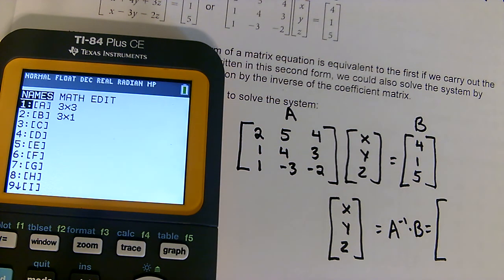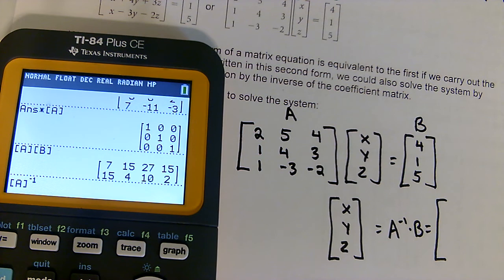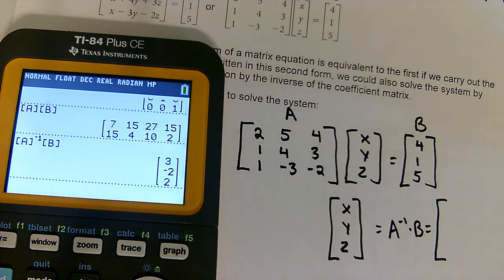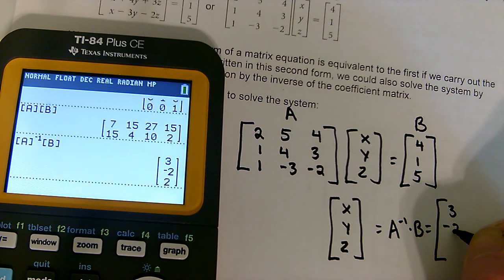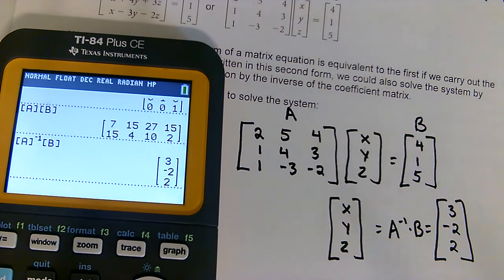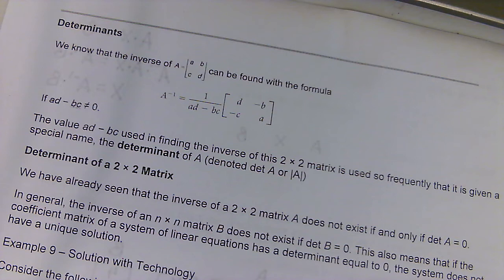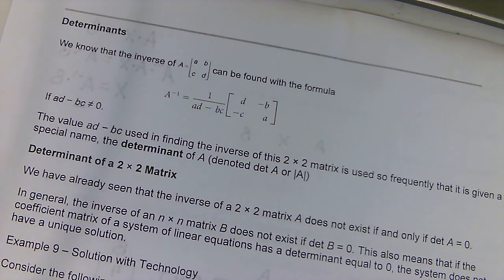And I'm going to pull up matrix A inverse times matrix B. And it gives me X, Y, and Z. So you have that option as well as the other method, and so we'll go on.